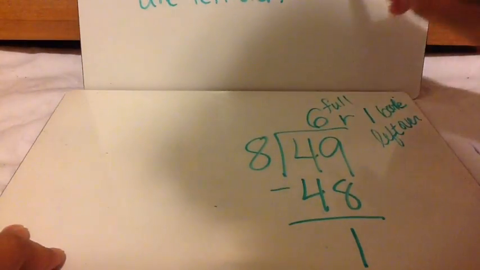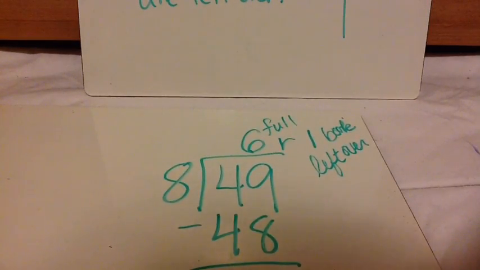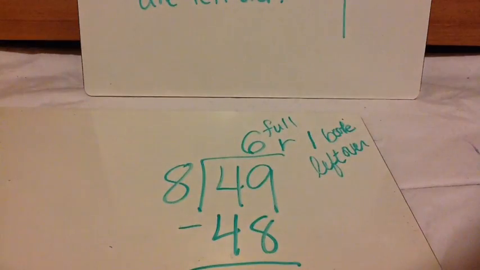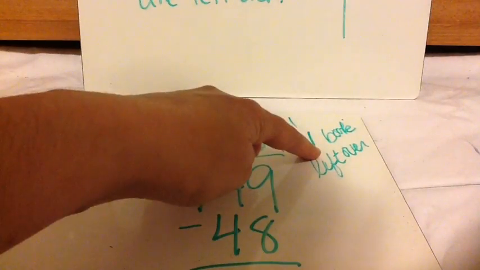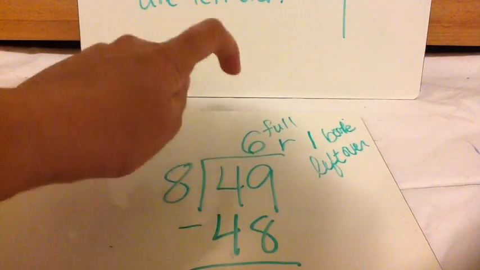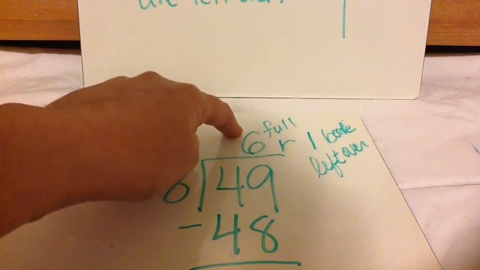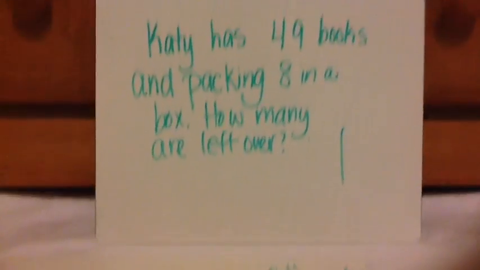And that's the answer they want. They want 1. Now, if the question was how many full boxes there are going to be, your answer is 6. If the question is how many boxes for all books, since you have 6 full and 1 book left over, you have to make it 7 boxes. You always take this number and go up 1 digit. So since this question said leftover, you take your remainder.